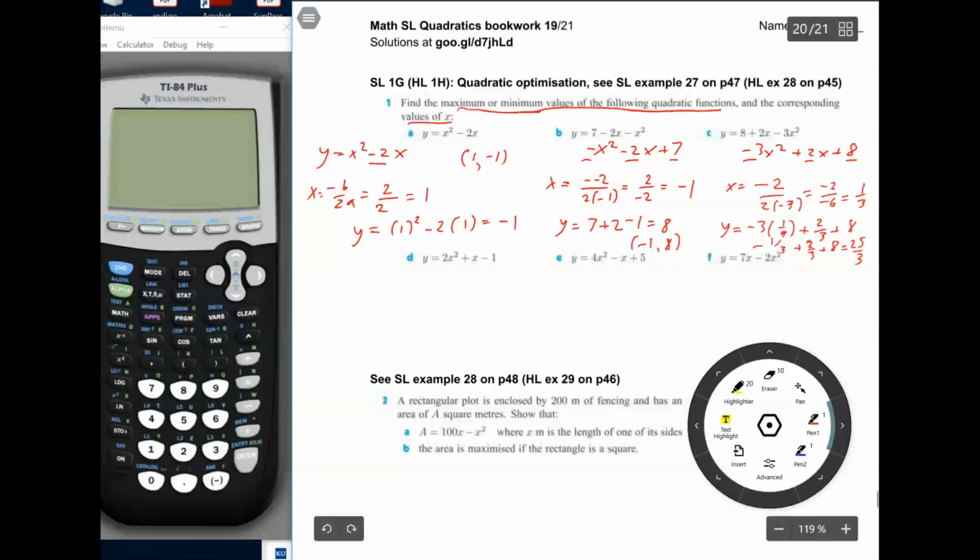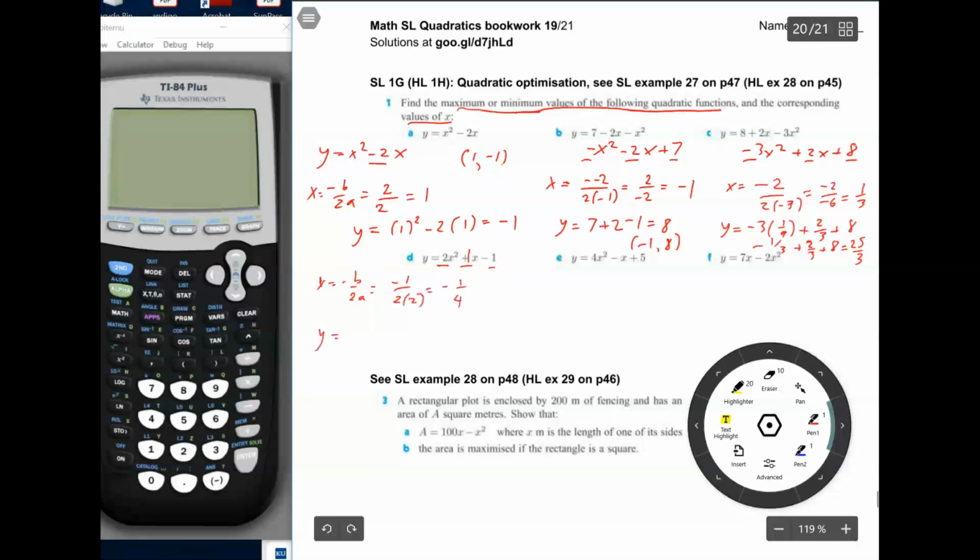Okay. D. Y equals 2x squared plus x minus 1. So, it's in the right order. A is 2, B is 1, and C is negative 1. So we're looking for negative b over 2a, which is going to be negative 1 divided by 2 times 2, which is equal to negative 1/4.